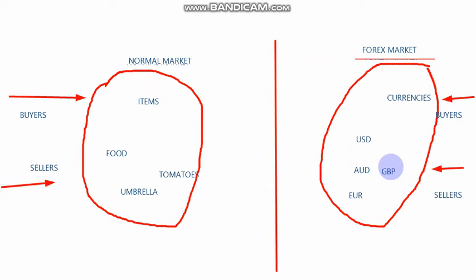That is why forex trading, like I said, is trading of pairs. You look for a pair that you know from your analysis will give you profit, you buy it, and sell the other one. So you look for a stronger currency and combine it with a weaker currency. That is how we make money in forex trading. That's all what forex trading is.